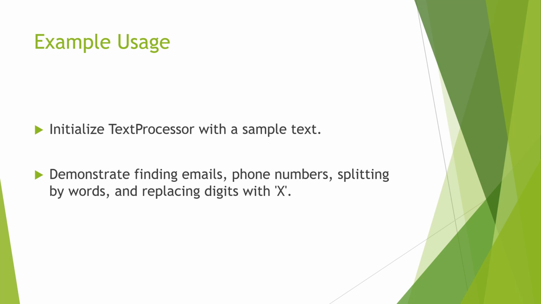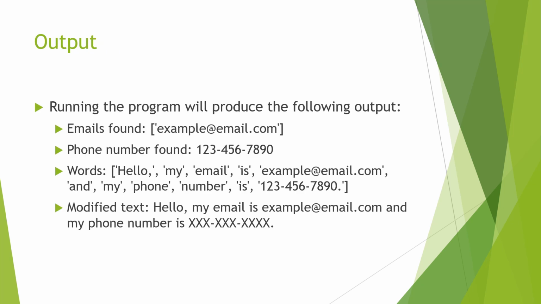In this example, we have used a TextProcessor to implement this regular expression concept, and with a sample text we have demonstrated how to find emails, phone numbers, and split text into different words. We have also discussed how to replace digits with a specified character. This is the actual output of this program.